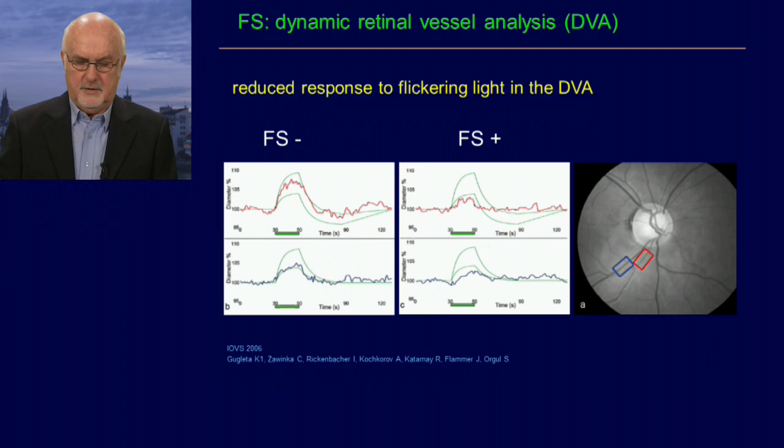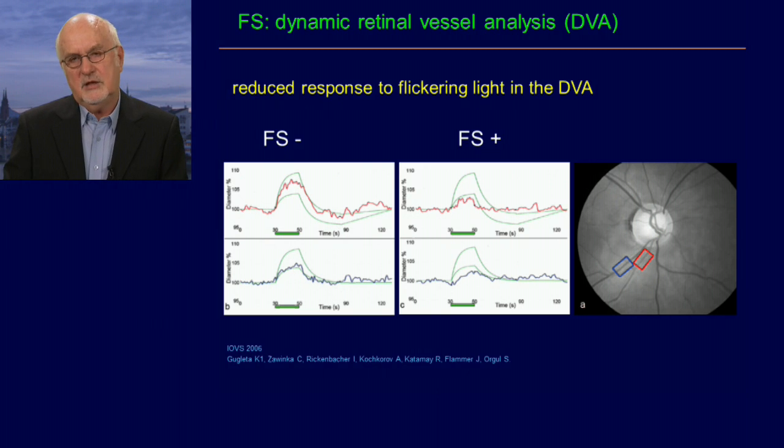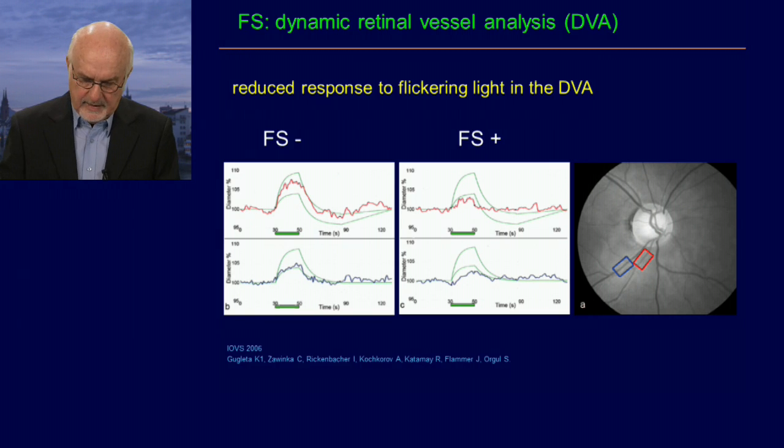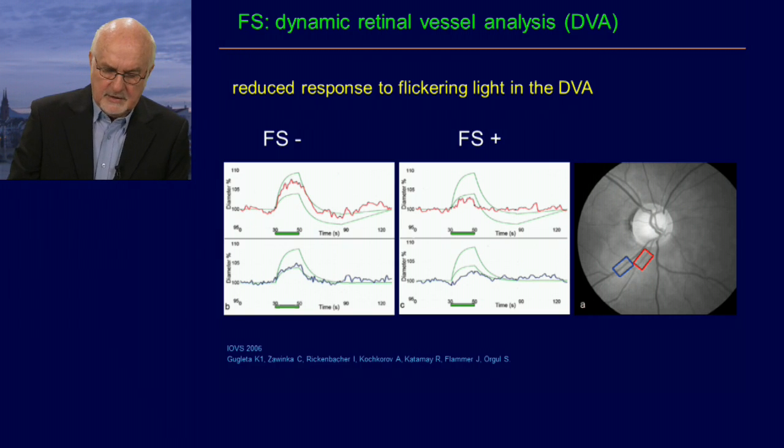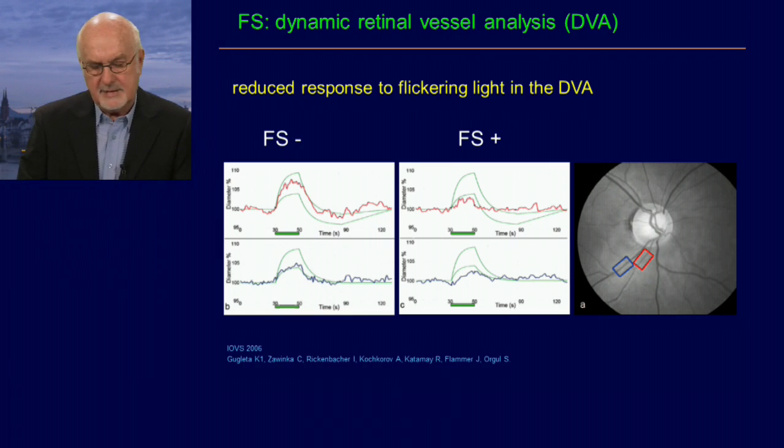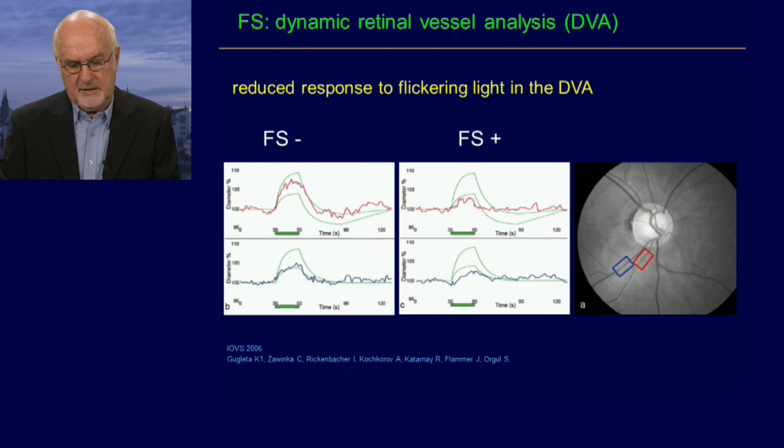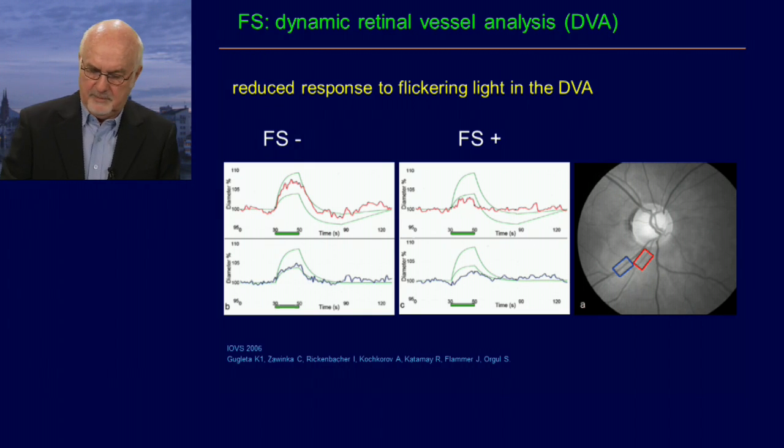They do have a reduced response in the dynamic retinal vessel analysis. On the left-hand side, you see the results of a person without FS, on the right-hand side of a person with FS. Red is the artery and blue is the vein. And you can see, if you flicker light, you get a nice response in FS negative, but a much smaller response in FS positive people.